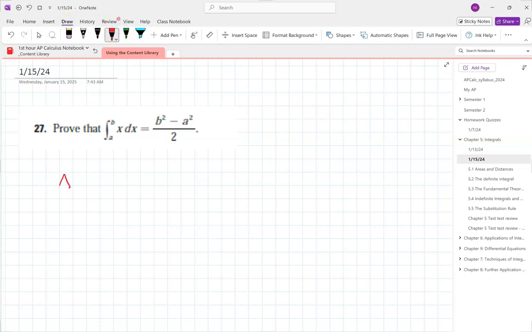My delta x is going to be b minus a over n, right? And my xi is going to be a plus b minus a over n times i. So just the starting point plus the change in x. And then that change in x has to be multiplied by i, because each time you want to go one more interval over, right?